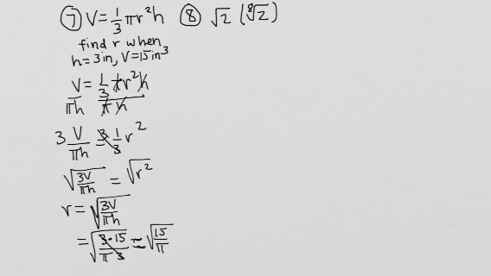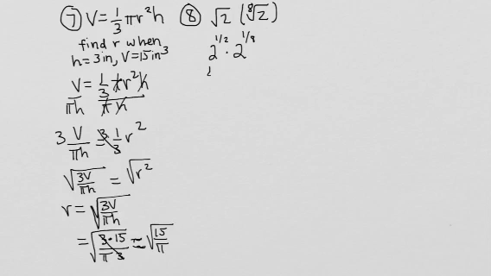Okay, for number 8, it's asking you for the simplest form of the number. So notice that the radicand, the number inside the square root, is 2 in both of them, right? So I can write this as 2 to the 1/2 times 2 to the 1/8. Now when you're multiplying two numbers, and bases are the same, you add the exponents.